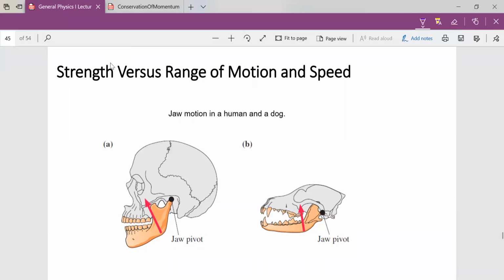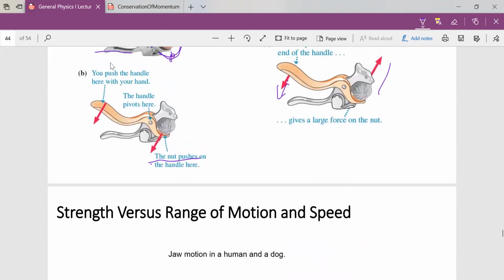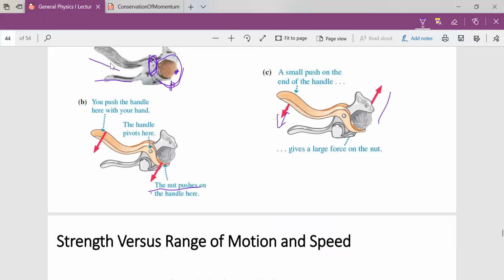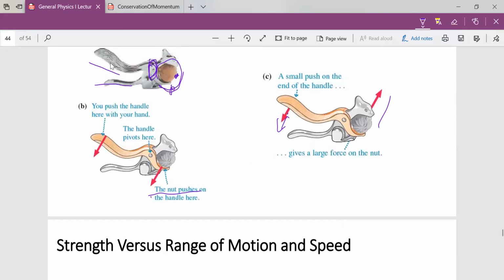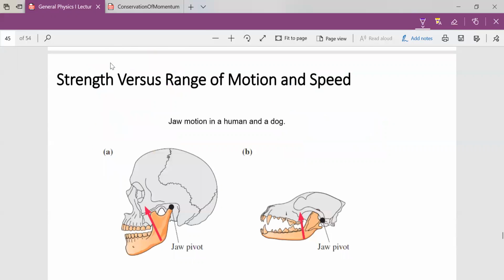So let's look at the more like the last part. Okay, some things that I didn't mention here. They're just the statistics of this basic design, a small push giving you three times output of force and all that, okay?